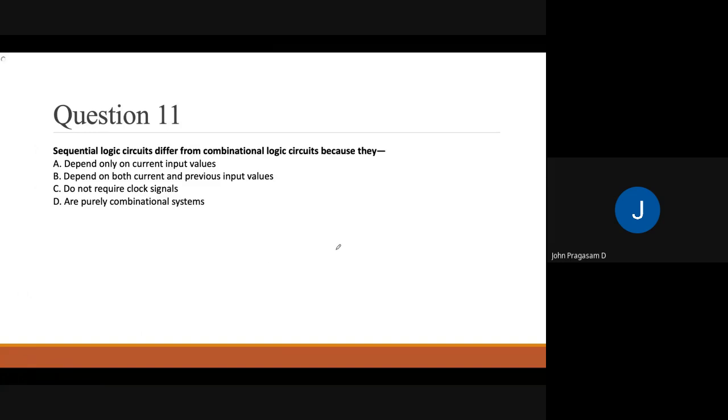Ma'am, option B is correct. Yes, option B is the right option. Depends on both current and previous input values.